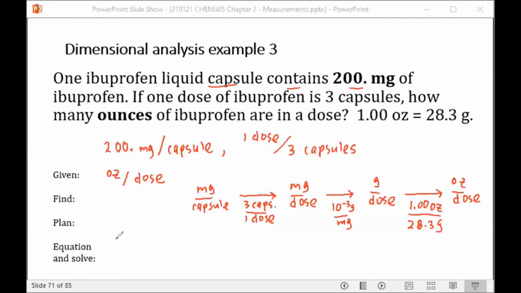And so we're going to plug in what we were given, 200. milligrams per capsule right here. And then our first conversion is to go from capsules to doses. So there's 3 capsules for every 1 dose.